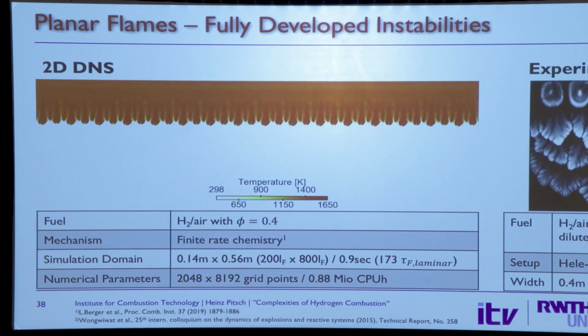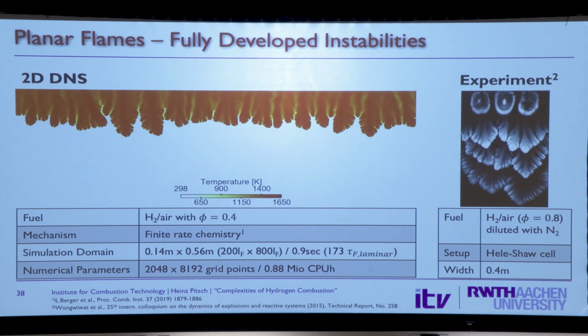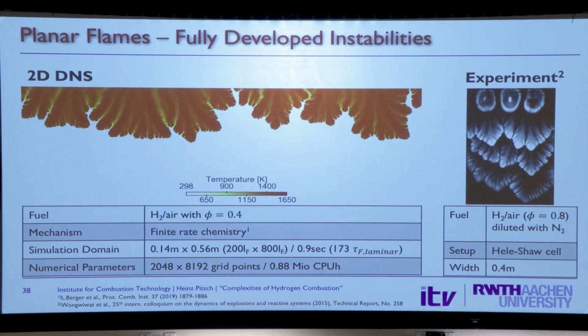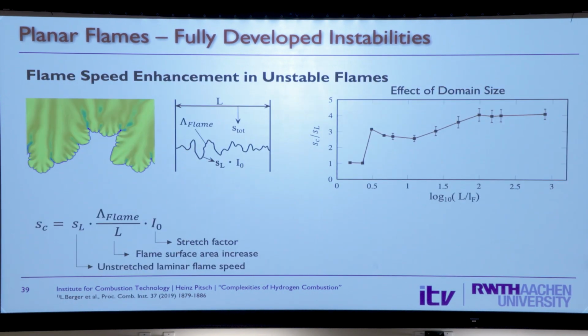First of all, compare this with the experiment, and you see the experiment shows very similar structures compared to what we have in the simulation, and that, in a way, should be expected.